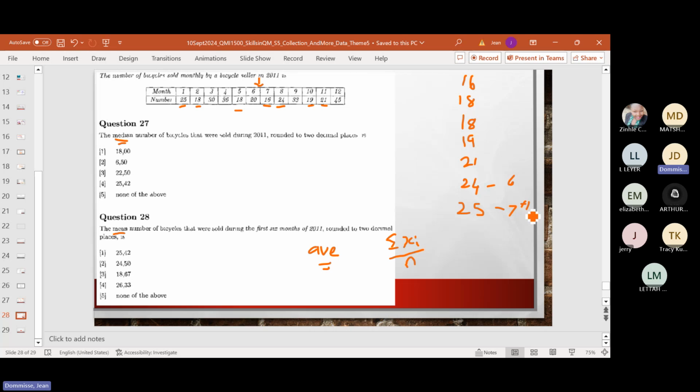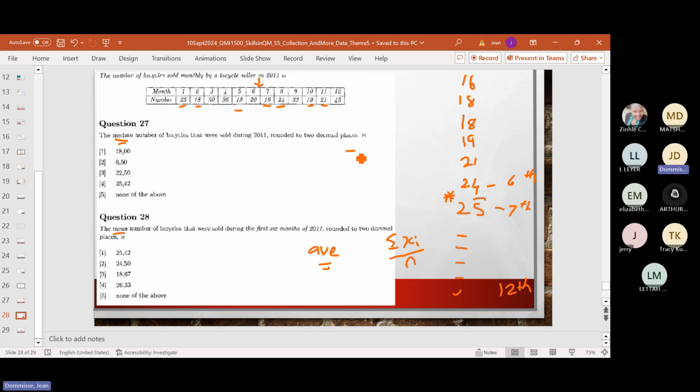So then we know the median is the number that is in the middle of the data set. We will have 6 numbers to the bottom, 1, 2, 3, 4, 5, 6, and then 6 up until the 12th number. So your median is the number in between 24 and 25.